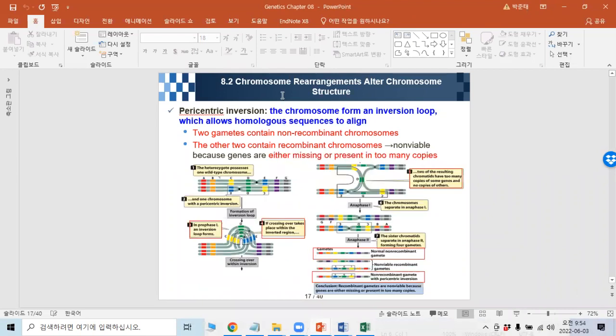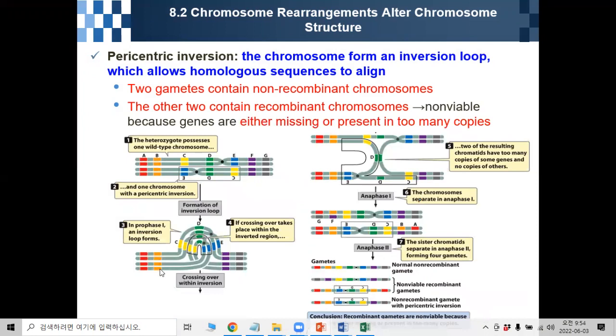How about the pericentric? When pericentric inversion happens, they include the centromere like this. In this case, they will make two structures like this.